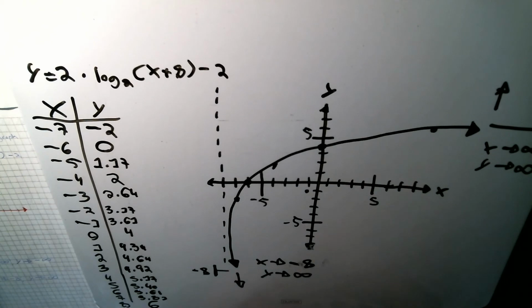So that's why x is only going to minus 8, and that's pretty much it. That's everything. Okay, we made it. Easy.